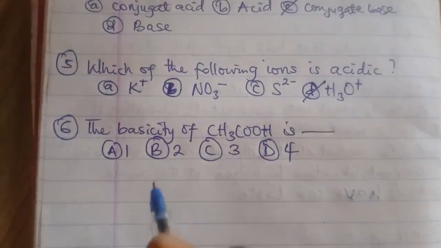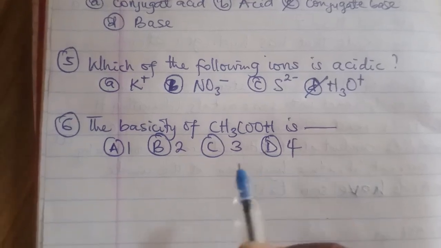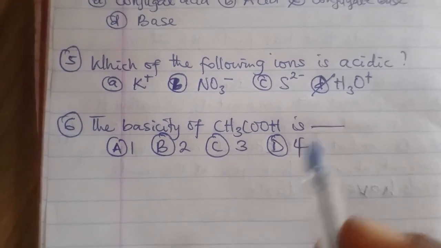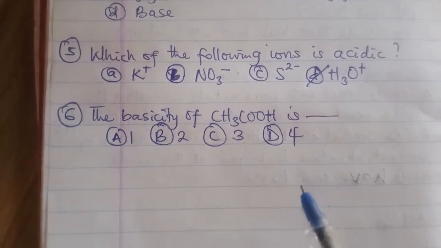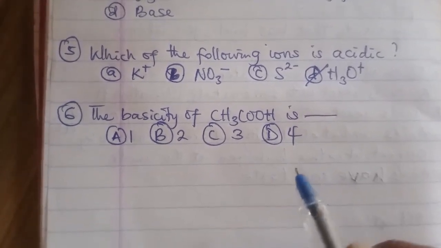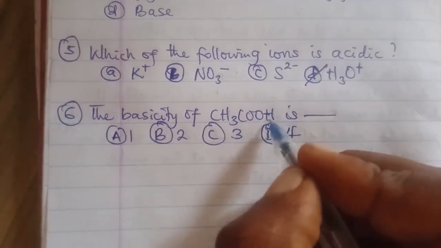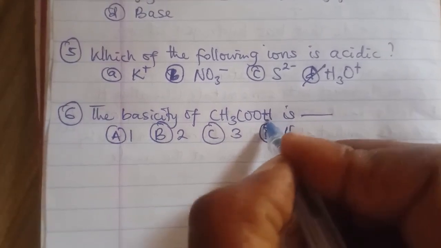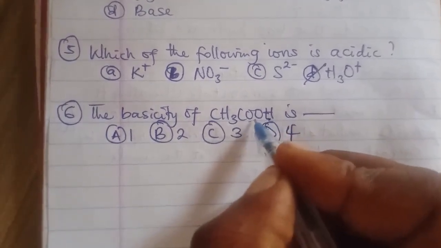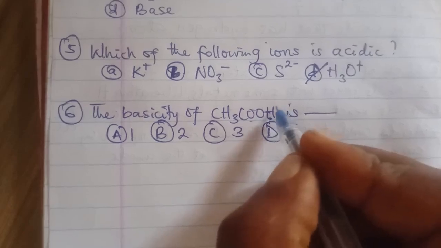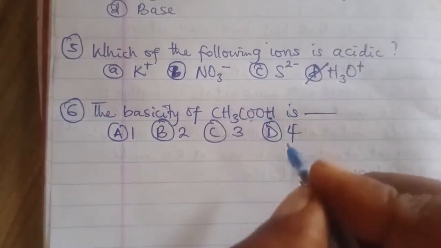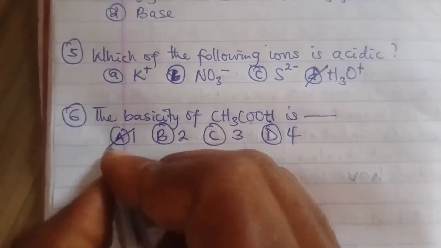Now, when we talk about basicity or proticity, it refers to the number of ionizable hydrogen atoms in a molecule of an acid. For acetic acid, it is only this hydrogen atom that is attached to this carboxylic group that it can donate. So the basicity is just 1.